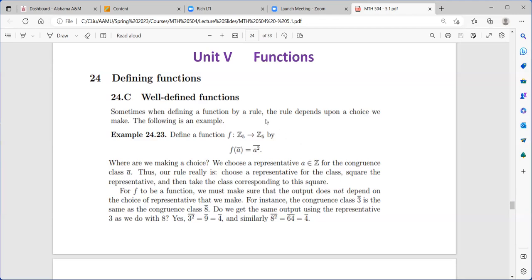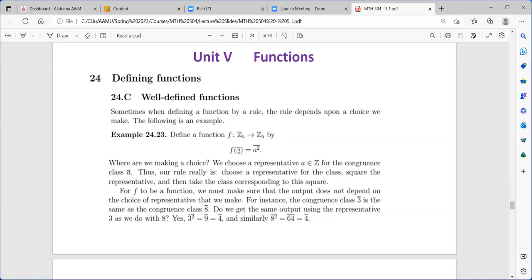So sometimes when defining a function by rule, the rule depends upon a choice we make. Well, what does it mean by that? This happens especially when we talk about functions based on congruence classes. Remember? For example, if you define a function f from Z5 to Z5 by this rule, f of a bar equals a square bar, remember, a bar is the notation for the congruence class.